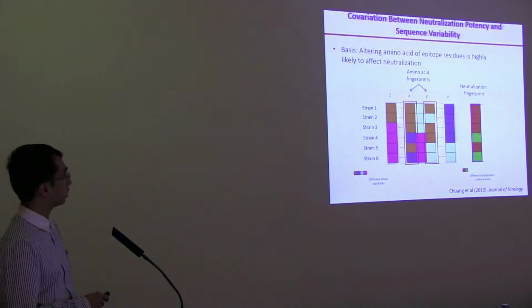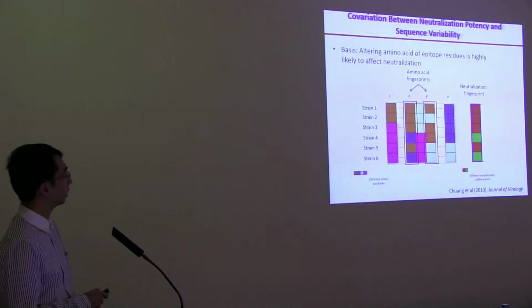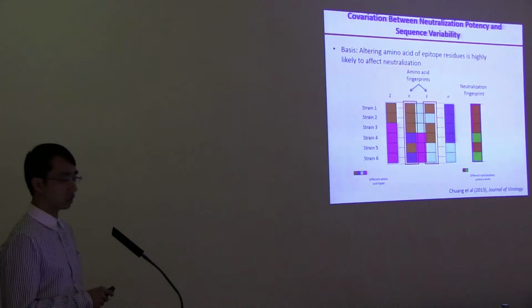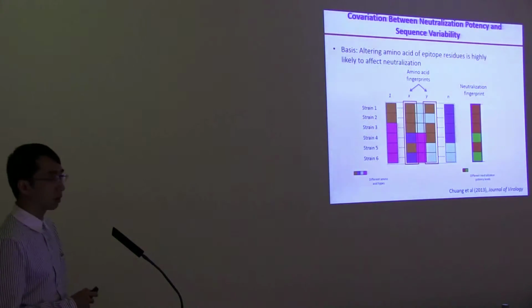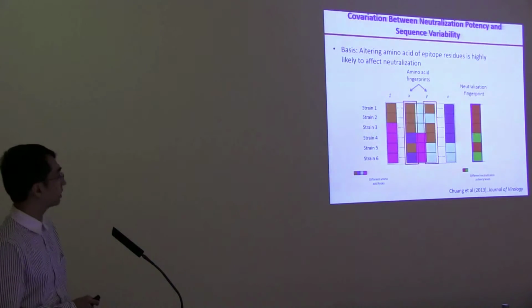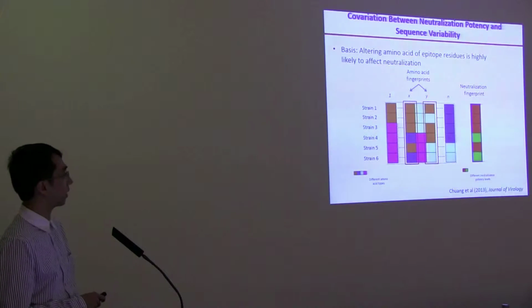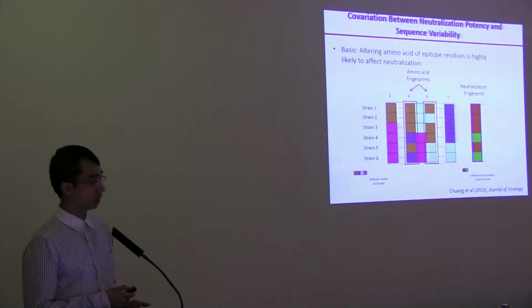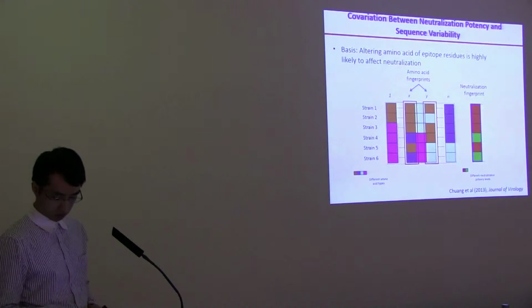From this, you can see that at each amino acid position, in this case in gp140, there is an amino acid fingerprint, which is composed of different amino acid types, and with each antibody, you also have a neutralization fingerprint associated with it. The basis of our algorithm is that when you modify the amino acid residue type at an epitope position, it is more likely to affect the neutralization potency compared to positions which are not at the epitope.